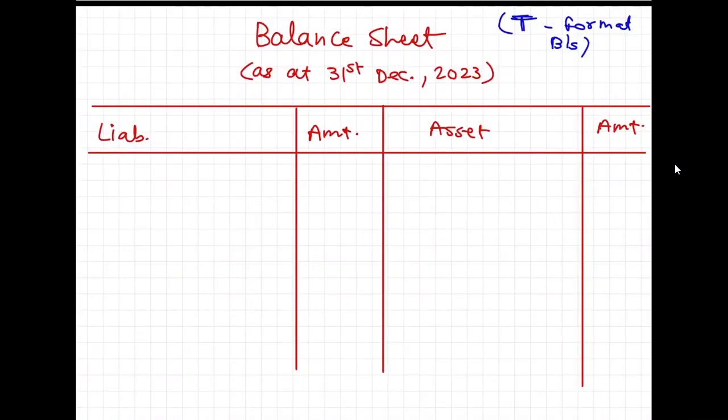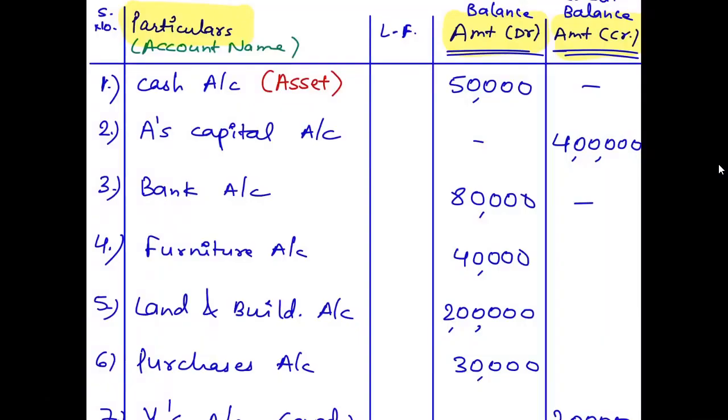So here I will make the first entry as cash. How much was the amount? It was 50,000 rupees. So I have done the first entry. Sir, whether we need to do the two effects?